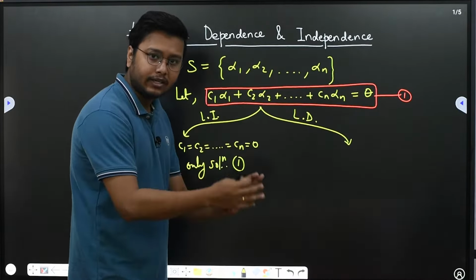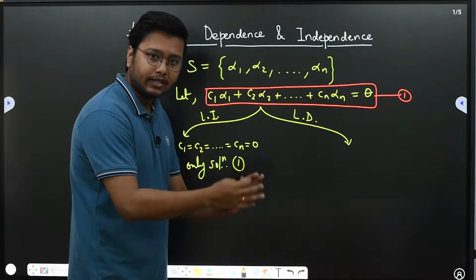Then at least one Ci must be non-zero, right? This was the definition of linear dependence. Okay. So let me consider that some specific Cj is not equal to 0. Okay, some specific index j is non-zero.